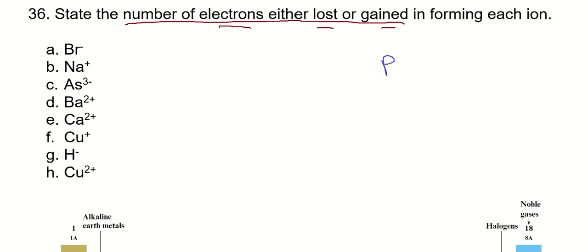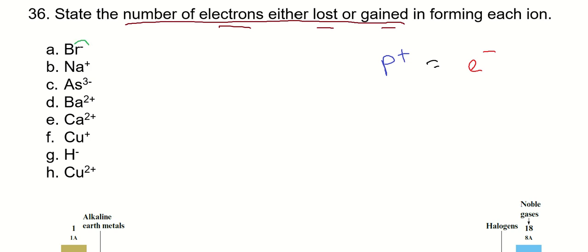In a neutral atom, you have the same number of protons, which are positive, and the same number of electrons. They balance each other out. They cancel each other out, those charges do. But when you have a net charge of either negative or positive, it's because you have gained or lost electrons. Right? So you can't change the number of protons, otherwise you're changing the identity of that element.